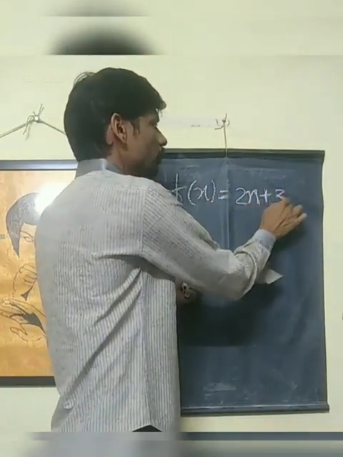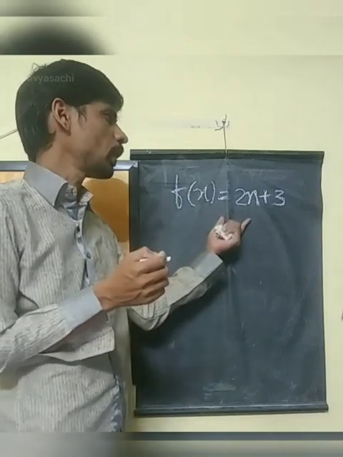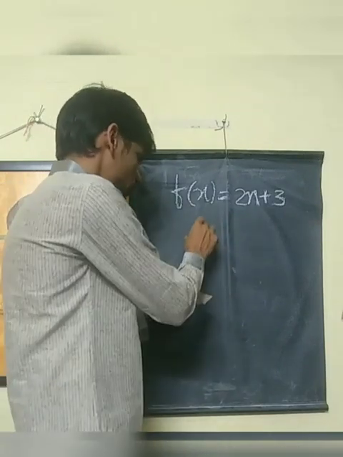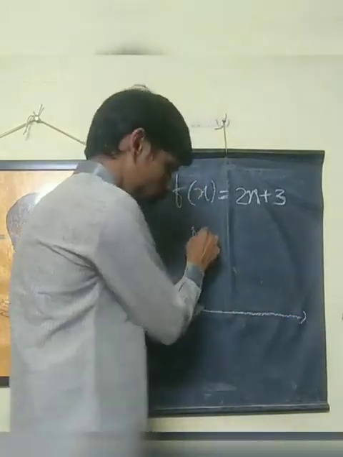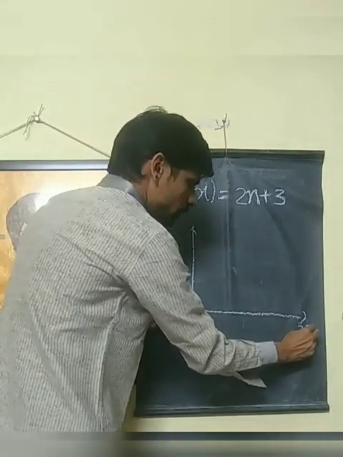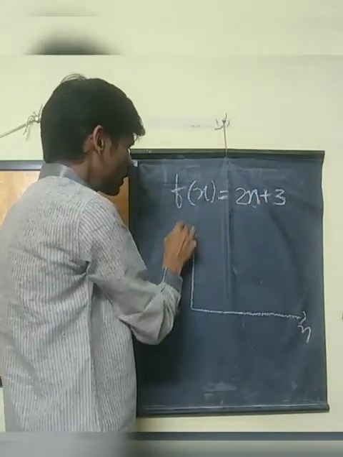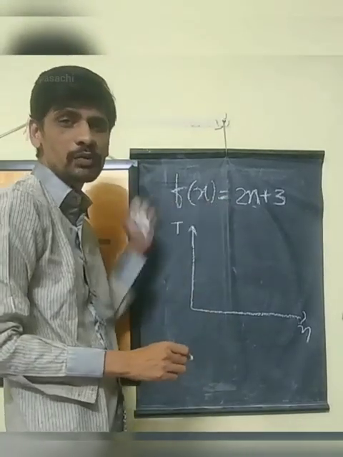Now everyone knows how to plot this in a graph, right? This is our input n, and this is the time required to complete this function.